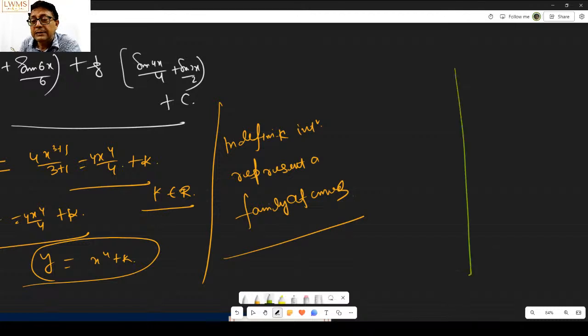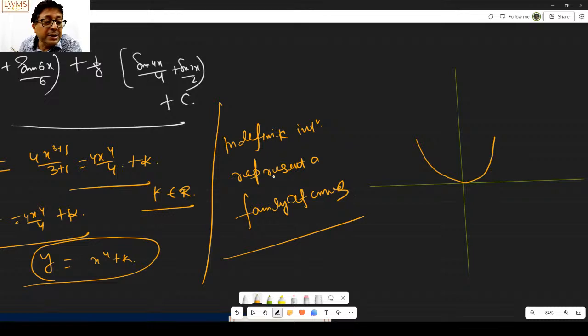Let's see. y equal to x^4 is a graph passing through origin, isn't it? This is y equal to x^4. What is the value of k here? 0. This is for k equal to 0.